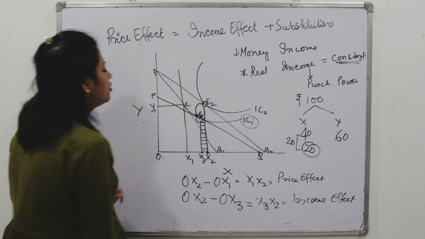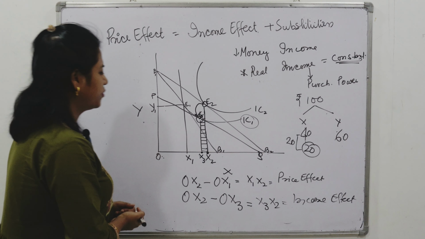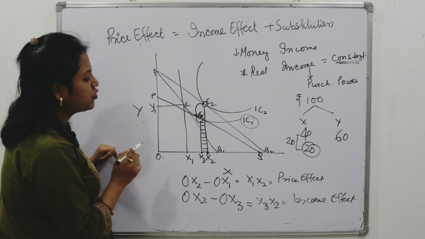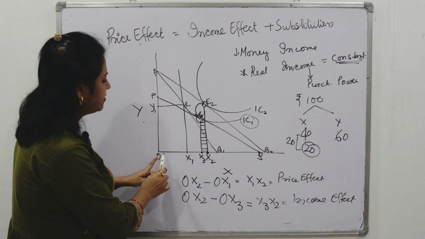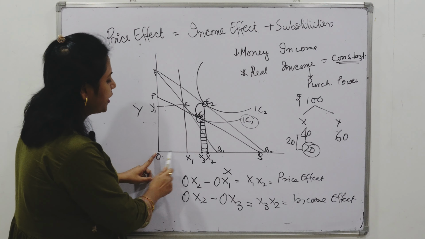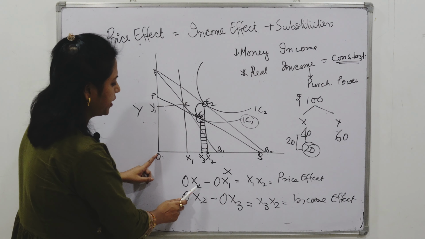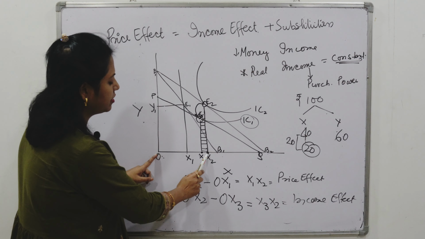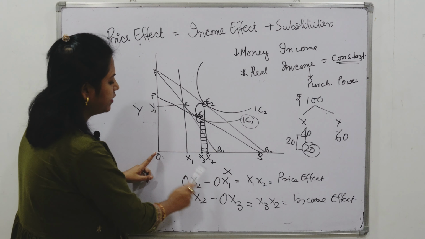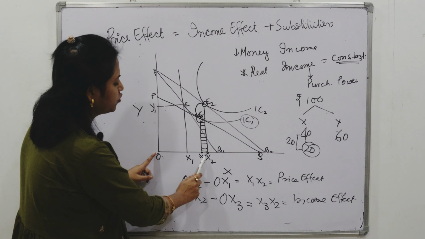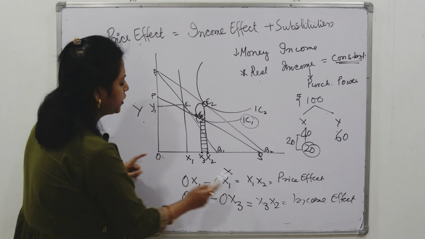Let's now talk about one more thing. What was my price effect? My price effect was from OX1, I went to OX2. OX2 was the new demand, and OX1 was my previous demand, and when I subtract OX1 from OX2, I got X1, X2.